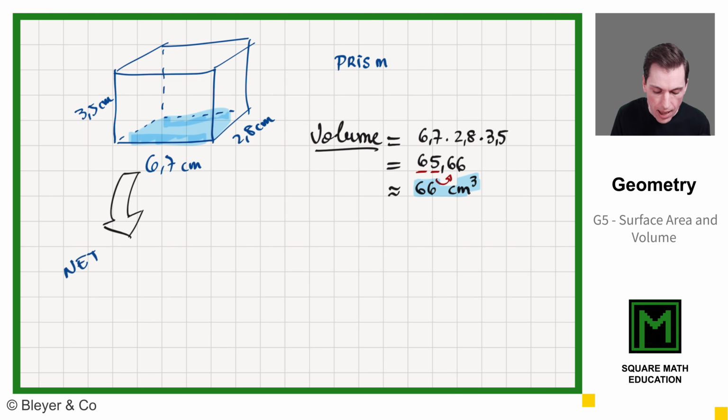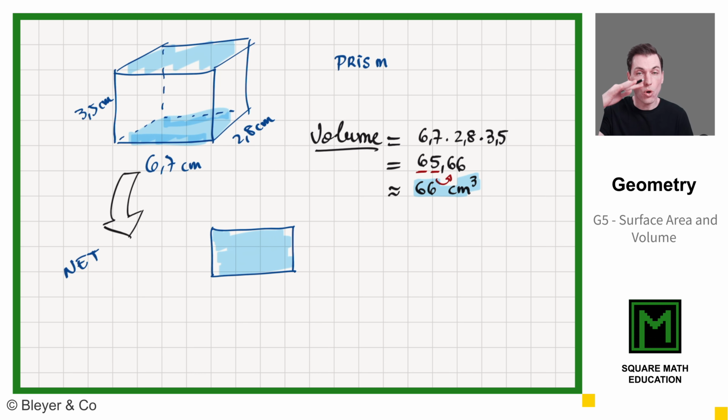Let's draw a net of this three-dimensional shape. It's always nice to start by looking at our base. This is my base in blue, or the top, they're exactly the same. You can see here the base and the top are exactly the same, so they're always coming in pairs.